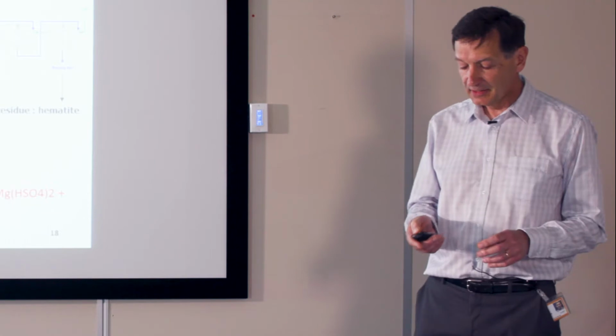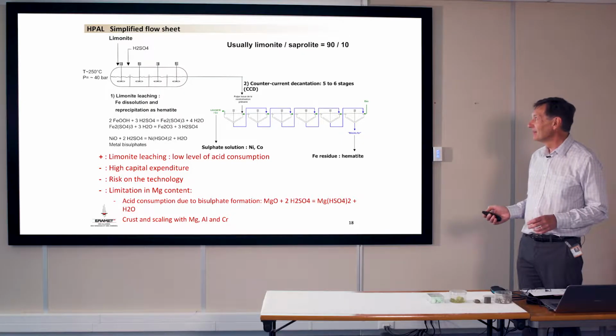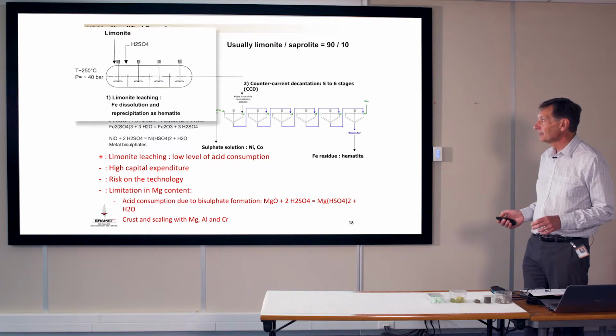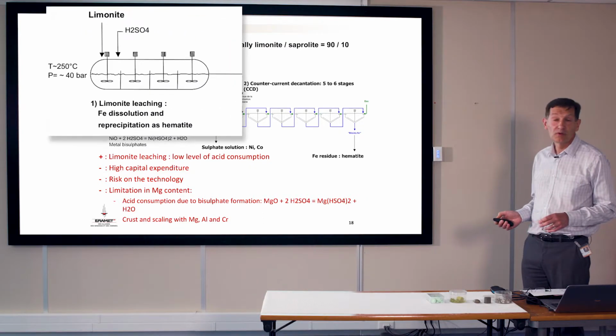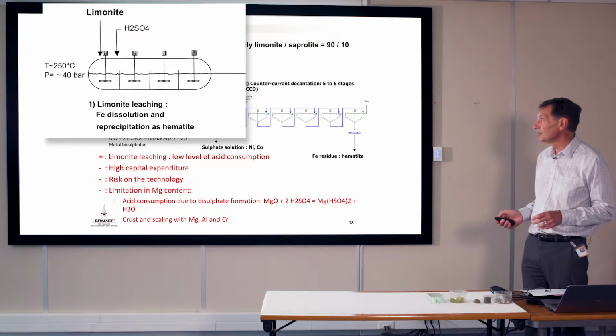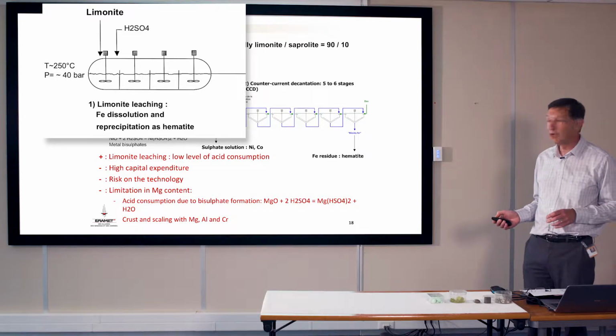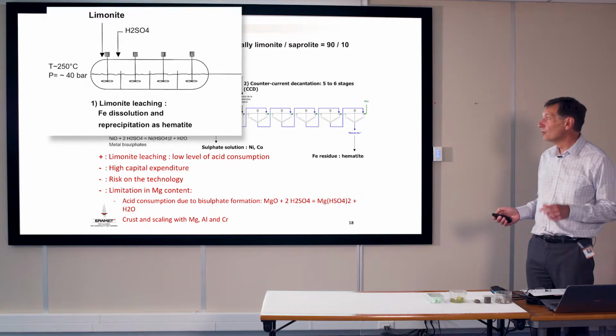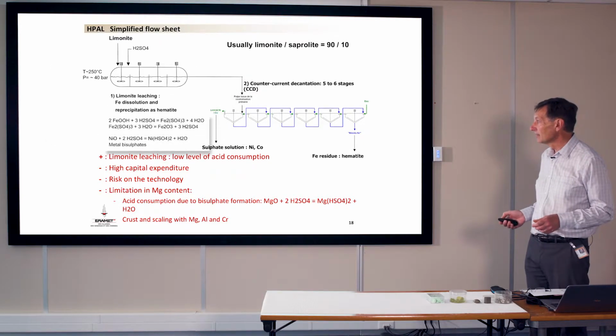The first one is the HPAL simplified flow sheet. You have here the autoclave at 40 bars or up to 50 bars, 250 degrees. You put in the sulfuric acid and the limonite. You dissolve the limonite, and in this autoclave you reprecipitate the iron as iron oxide.